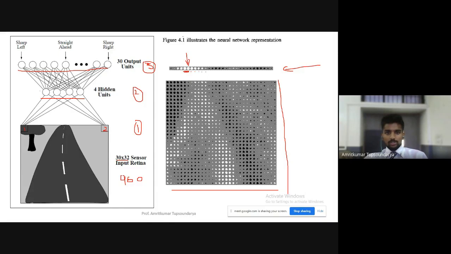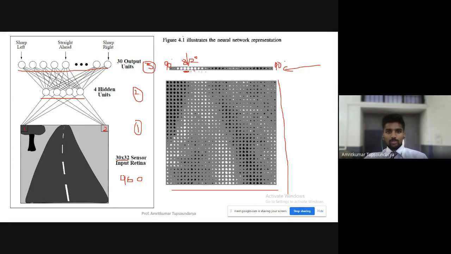That means this degree, let's say if this is a 90-degree left turn, and this is a 90-degree right turn, then this will be around, let's say, 82 degrees left turn, just a random figure that I'm taking.